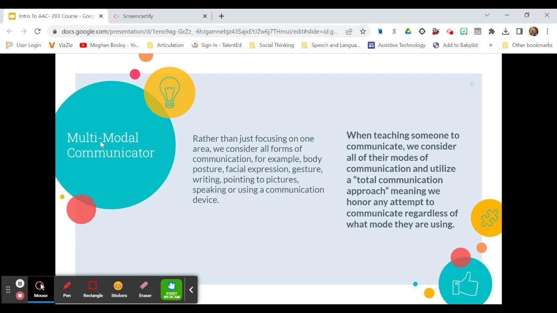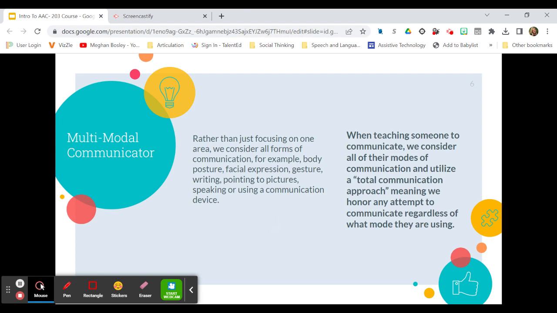What does it mean to be a multimodal communicator? That means that rather than just focusing on one area, we consider all forms of communication. For example, your body posture, facial expressions, gestures, writing, pointing to pictures, speaking, or using a communication device.